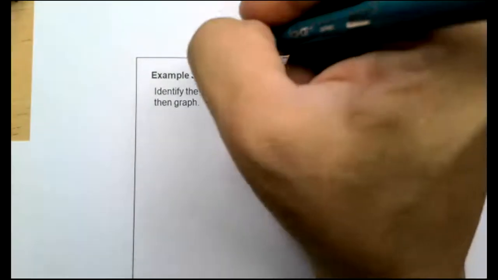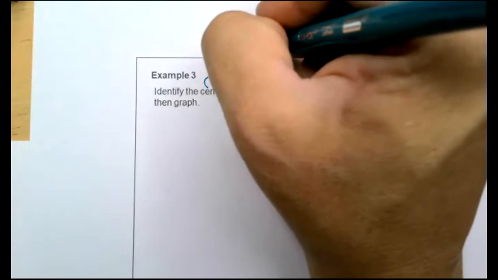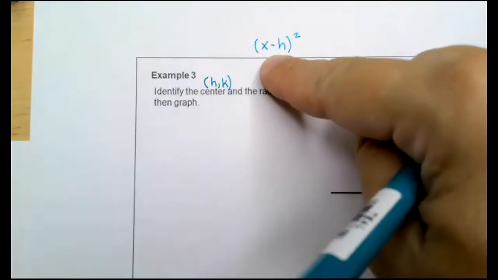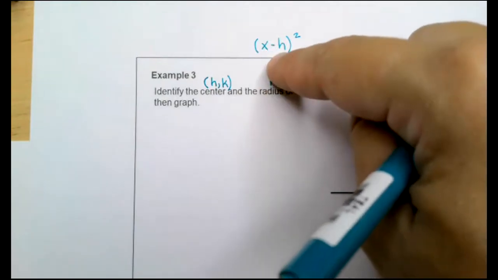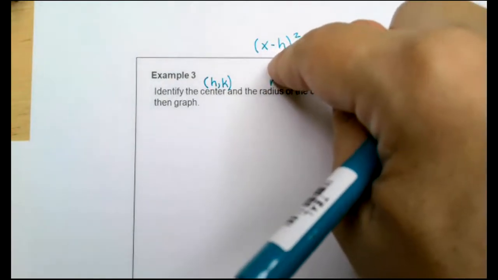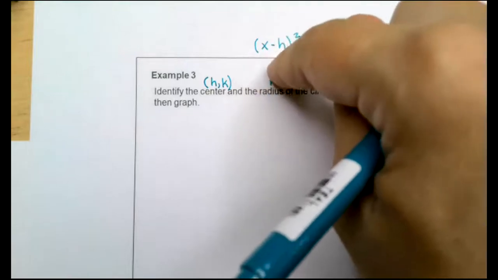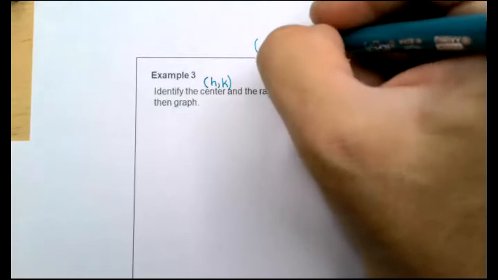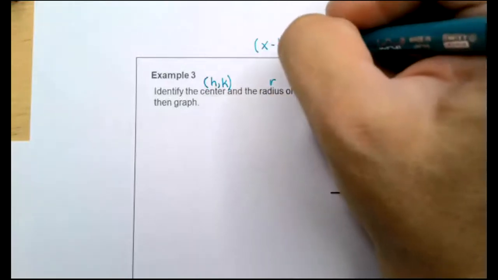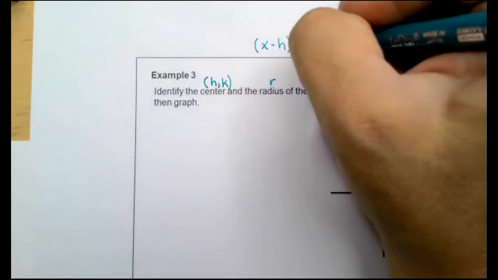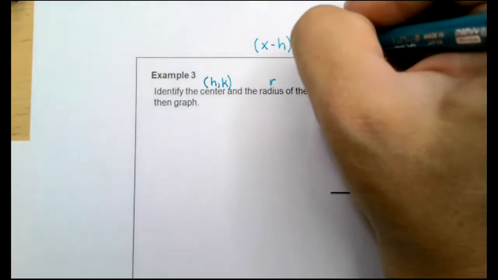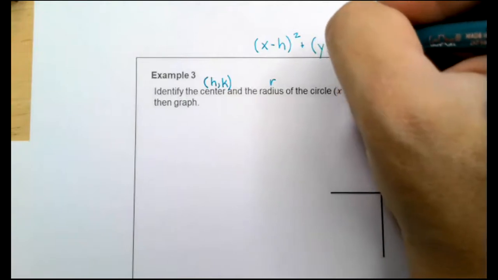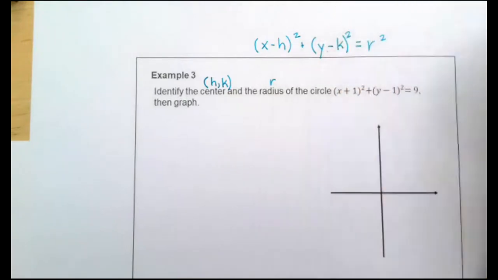The model was x minus h squared, plus y minus k squared equals r squared, where h is the opposite sign of what's combined with x, and k is the opposite sign of what's combined with y.